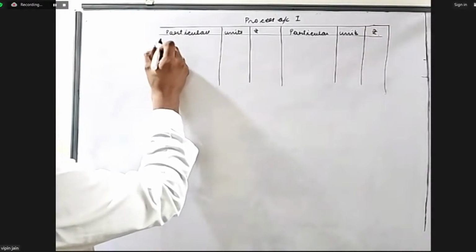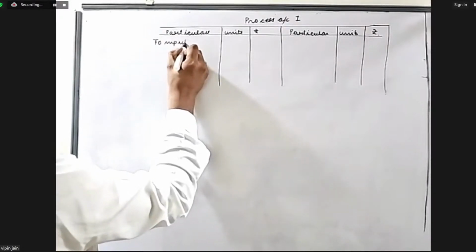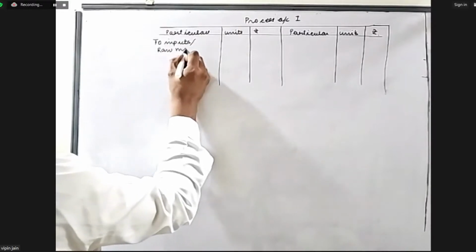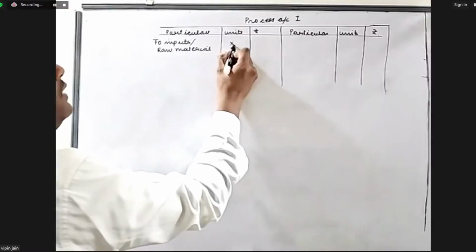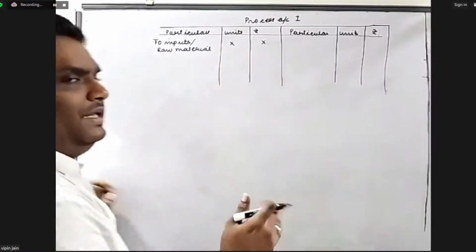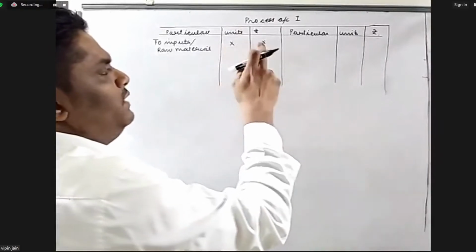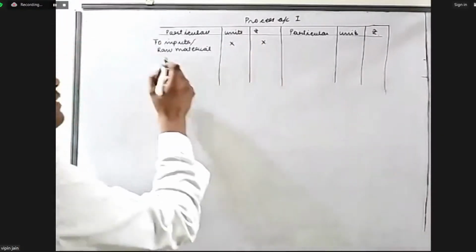We will introduce raw material in process first, so we can call it inputs or raw material, in units and in amount. Let's say 10,000 units are introduced at the rate of ₹2. So 10,000 into 2, that is 20,000.